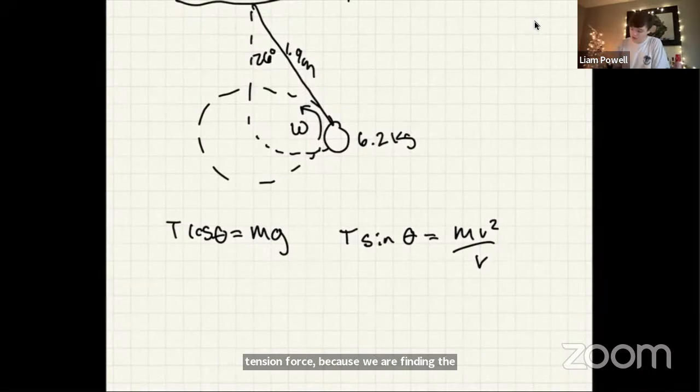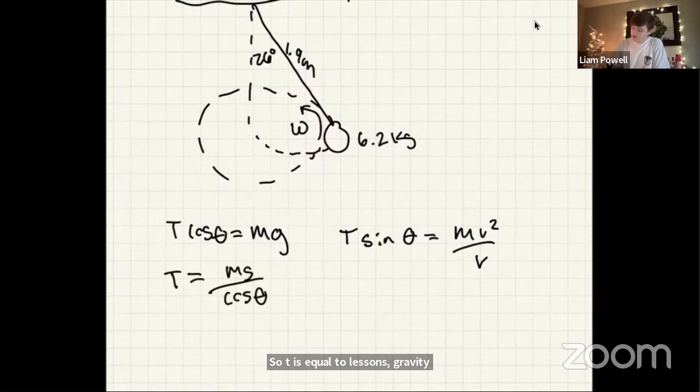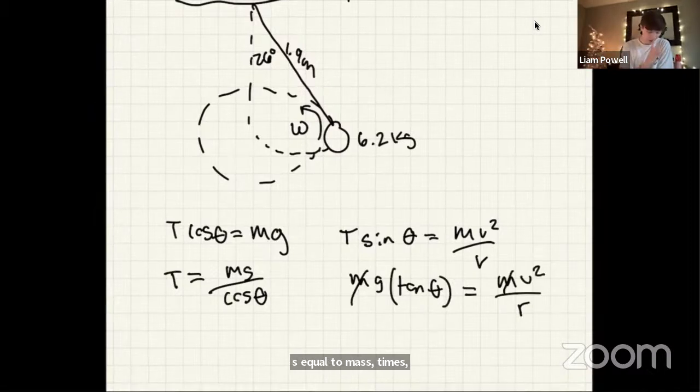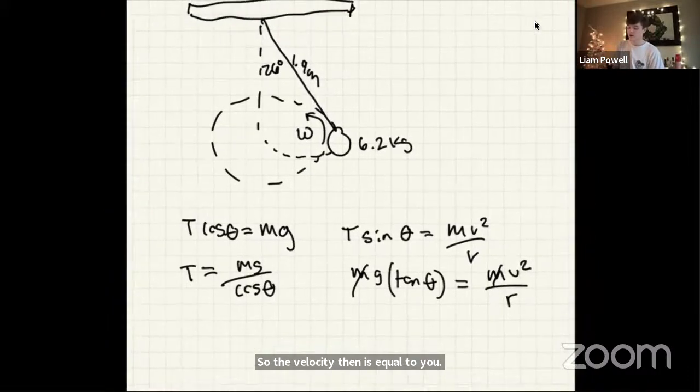So T is equal to mass times gravity over cosine theta. So that is mass times gravity times tangent theta is equal to mass times velocity squared over r. Masses cancel out. You can plug it in for yourself to find out if you're not sure.